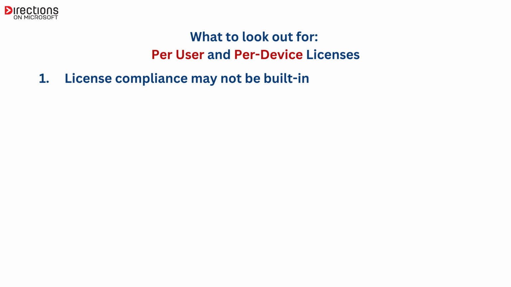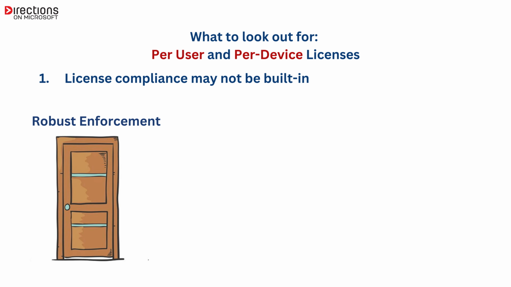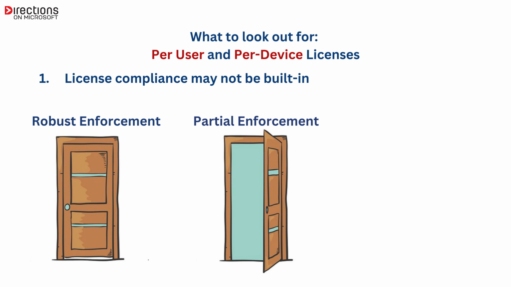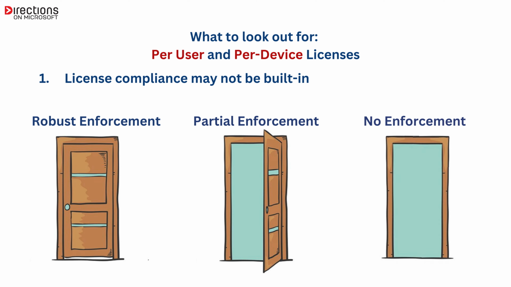Within the Microsoft product ecosystem, there are examples where license compliance for user and device-based licenses are built in, examples where it is partially built in, and examples where it is not built in at all, where the door is left wide open.